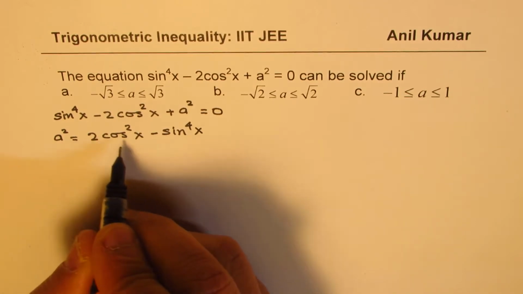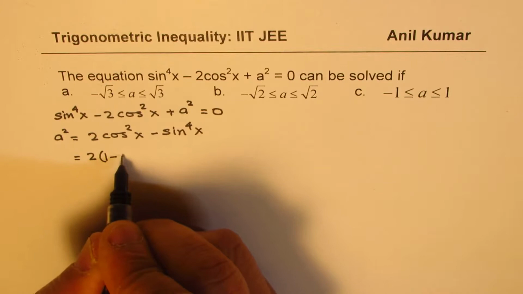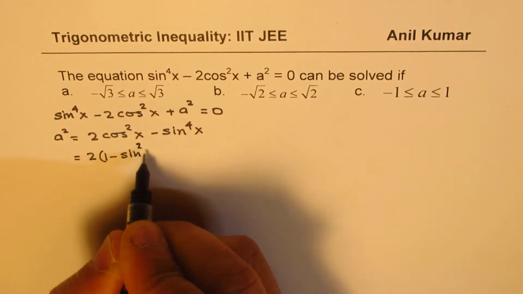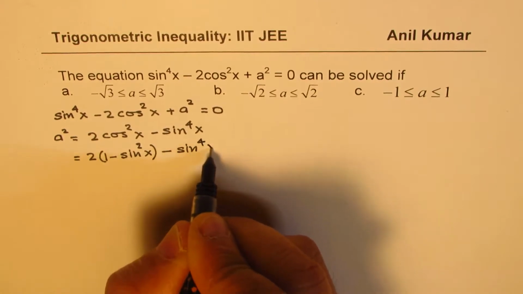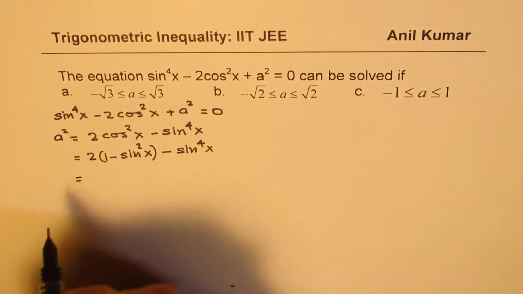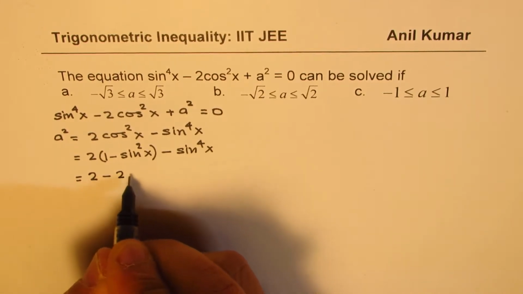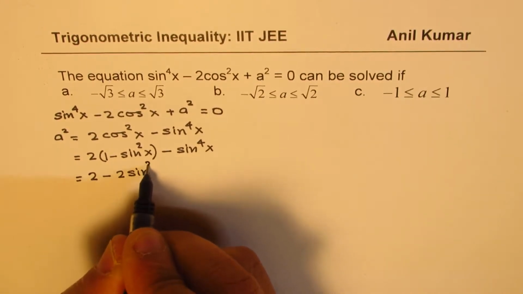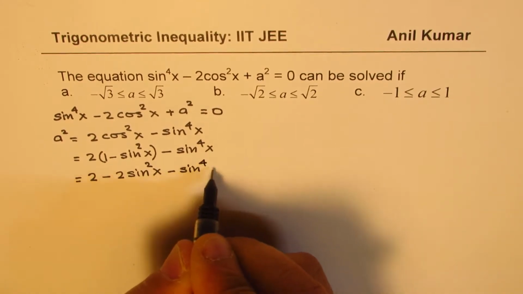Now we can write cos square x in terms of sine, which is 1 minus sine square x, minus sine to the power of 4x. So let's open and simplify this. We get 2 minus 2 sine square x minus sine to the power of 4x.